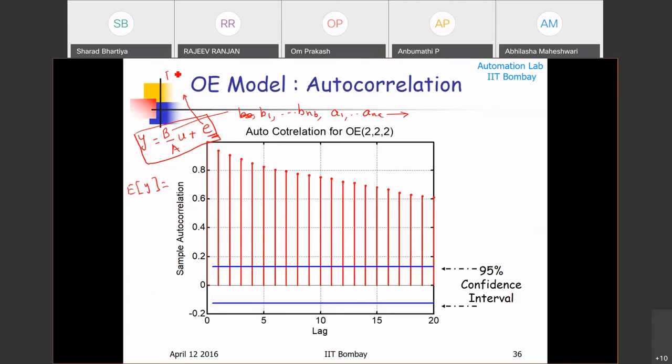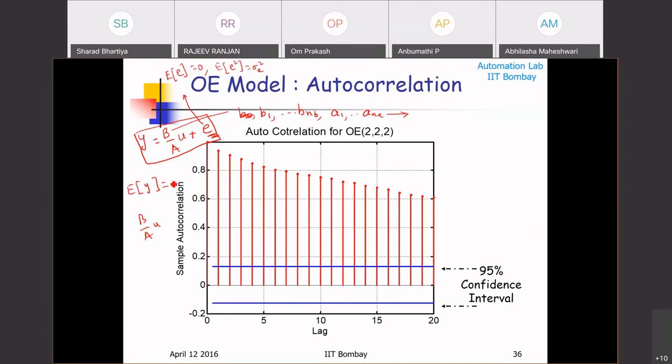The expected value of e is zero, and its variance, which is the expected value of e square, is some sigma square e. So if I take the expectation on all sides, what is the expected value of e? Zero. So what is the expected value of y? It is simply b by a times u, which is a deterministic quantity.